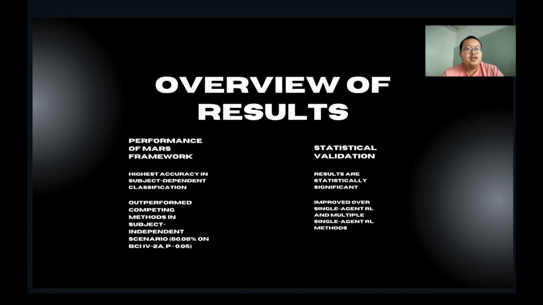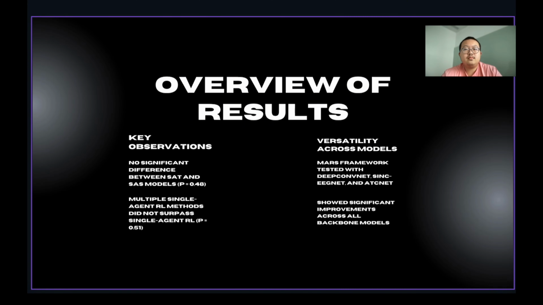In subject-independent setups, it reached a statistically significant 60.08% mean accuracy on the BCI dataset. Statistical analysis confirmed significant improvements over all benchmarks. Other methods, such as the single-agent RL, showed improvements but did not outperform MARS.